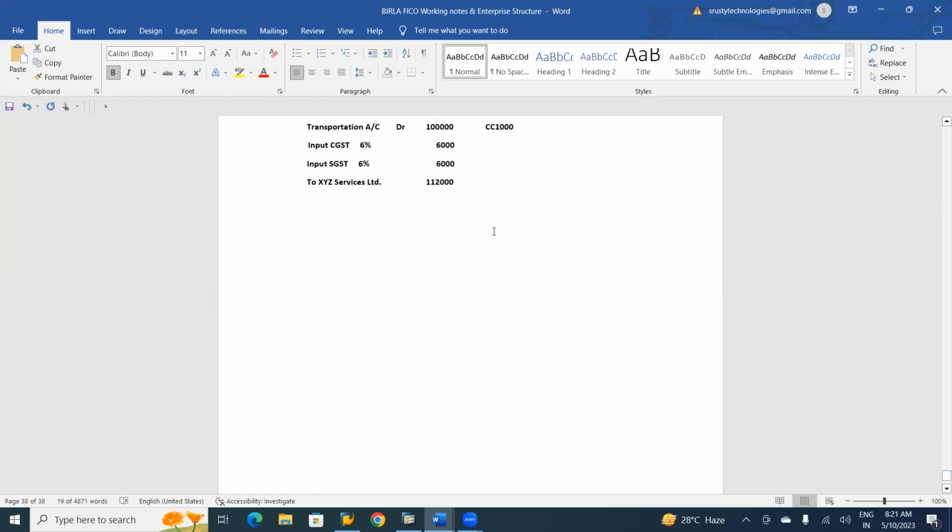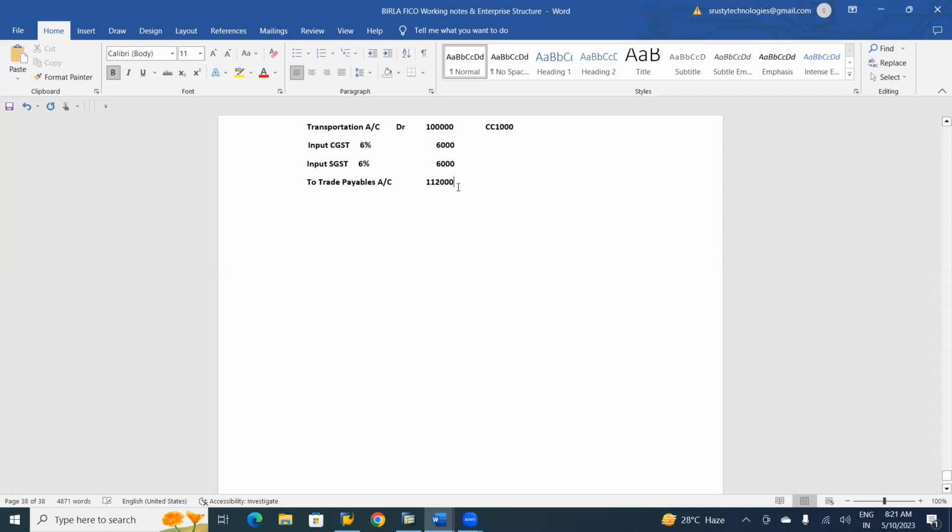Before that, here instead of this XYZ, in GLB what will it show instead of vendor or supplier? It will show trade payables. Don't forget this: to trade payables account.